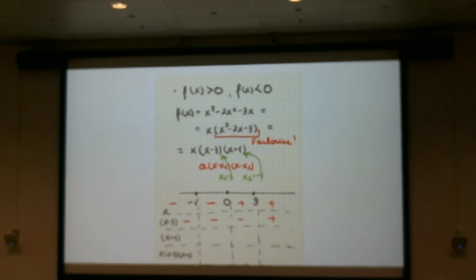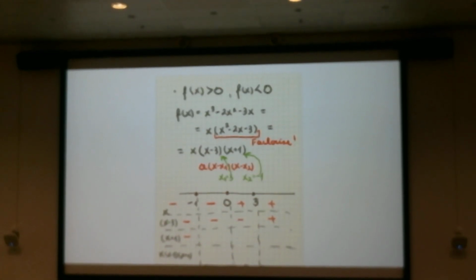And then the last one that I should examine is this one, right? So now I need to plug in a negative number from minus infinity to minus 1. So, I don't know, minus 2. And if I insert here, this is going to be negative.